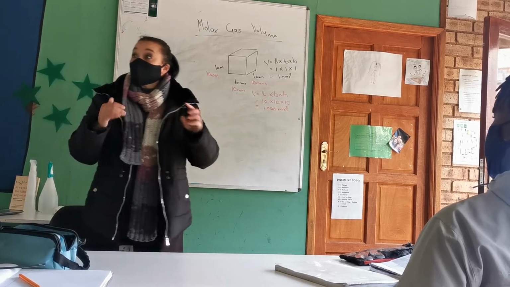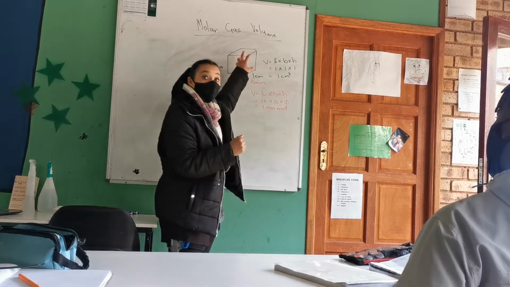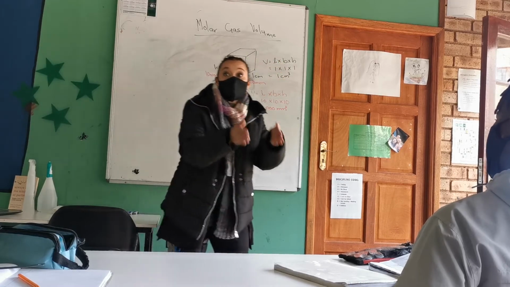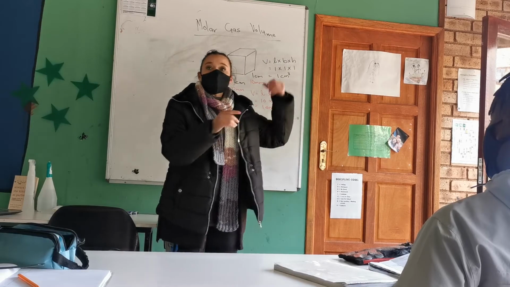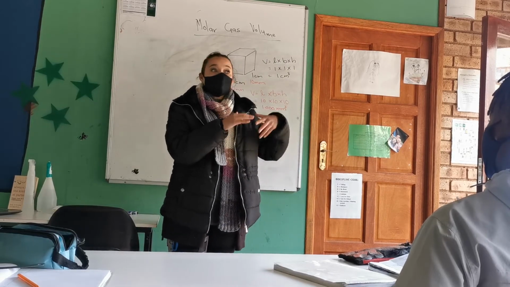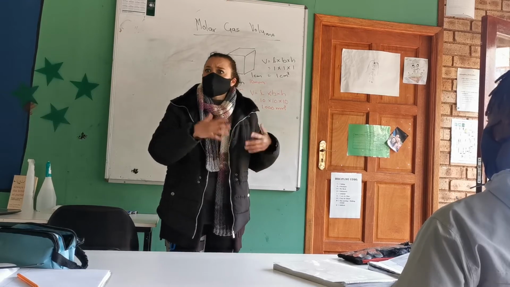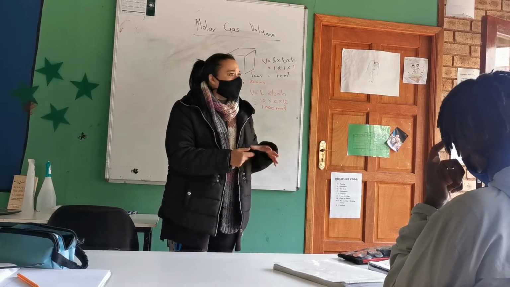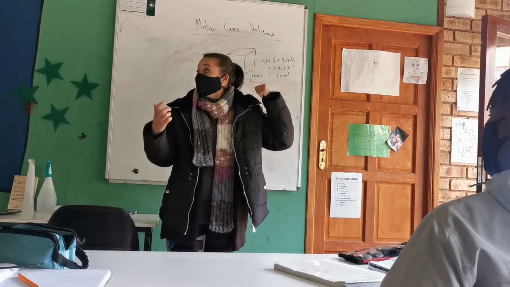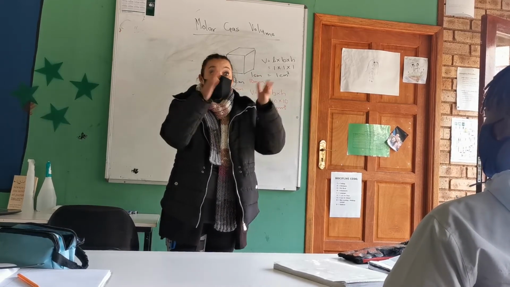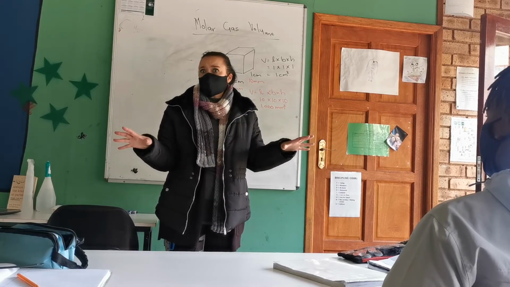Because we're dealing with 3 dimensions, it's the 10 times the 10 times the 10. Some volume conversions will look funny and you'll ask why it is not 10, why it is 1,000. This is the reason: in volume, we are dealing with 3 measurements multiplied together. Are we okay with that?